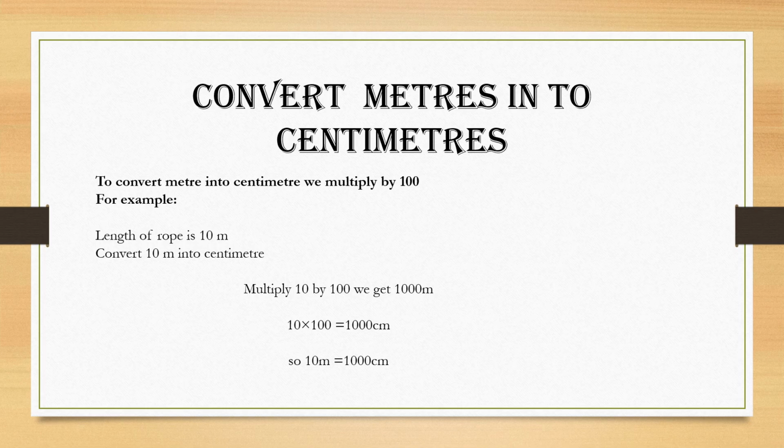For example, the length of this rope is 10 meters. Convert 10 meter into centimeters, multiply 10 meter by 100. We will get 1000 centimeters. So 10 into 100 is equal to 1000. So 10 meter is equal to 1000 centimeters. So remember it, when we want to convert meter into centimeters, we multiply it by 100.